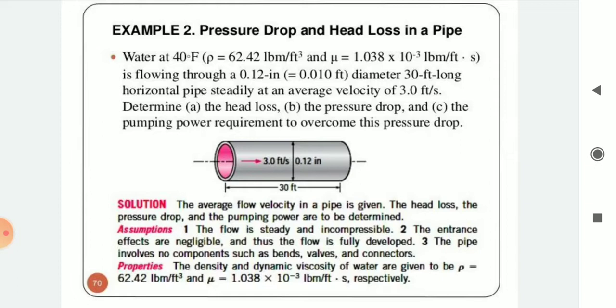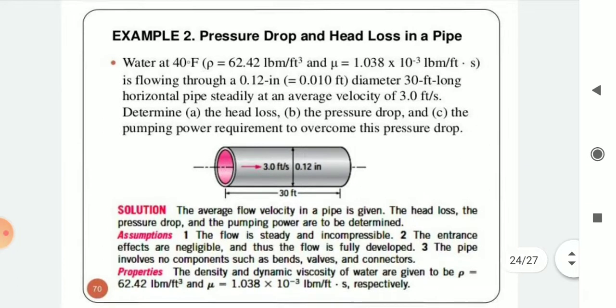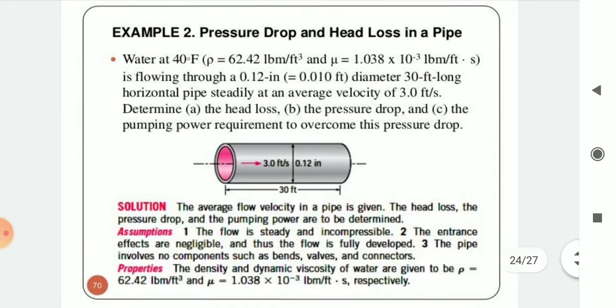Properties: the density and dynamic viscosity of water are given to be rho equal to 62.42 lbm divided by foot cube, and mu equal to 1.038 into 10 raised to minus 3 lbm divided by foot into second, respectively.